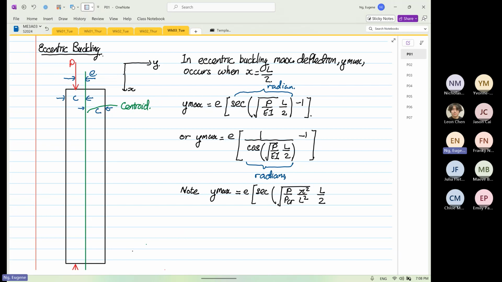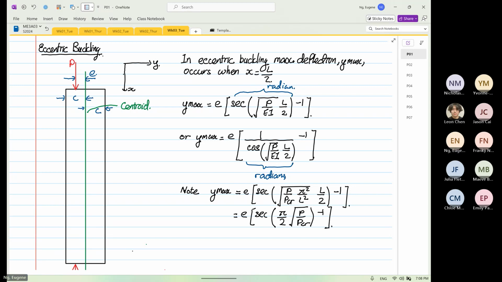The L over 2 is outside, and then minus 1. So this is another form. If we rewrite this form, it is equal to E secant; then I'll take out the pi over 2, you introduce the L over 2 inside there, and you're left with P over P critical, minus 1.